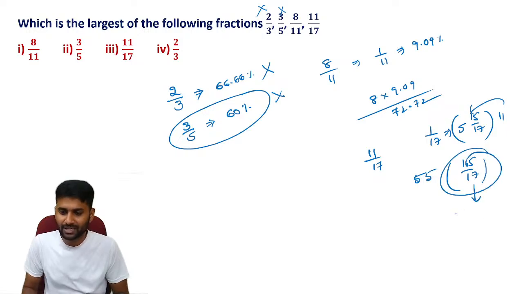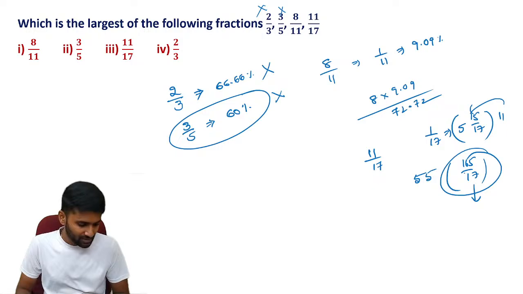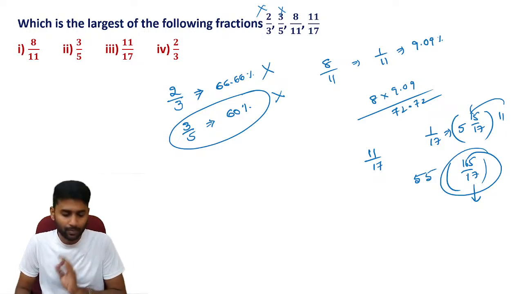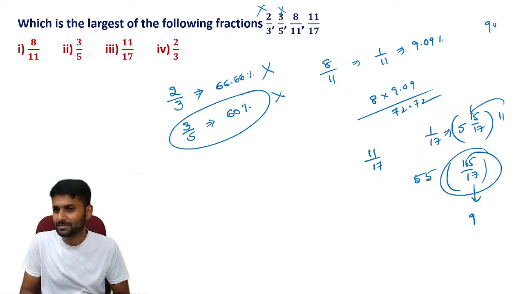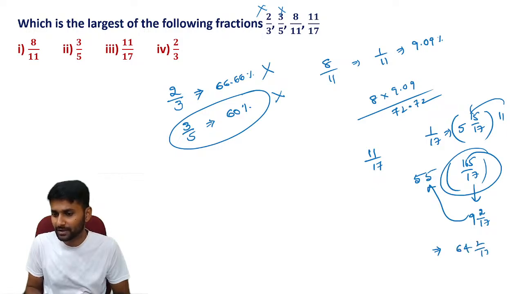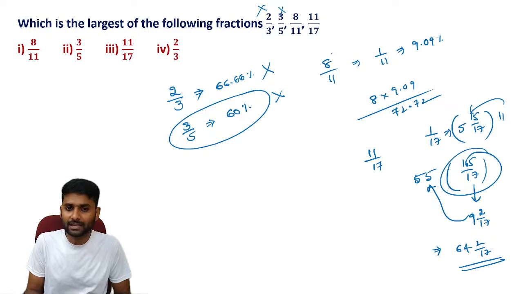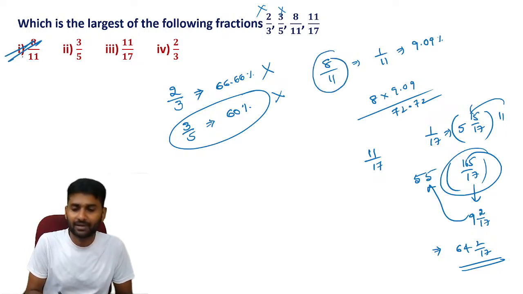This is an improper fraction, and you have to convert it into a proper one. Now 17 is multiplied 9 times, which is 153, and we can find the difference of 12 by 17. So among all the information here, the largest among the fractions is 8 by 11.